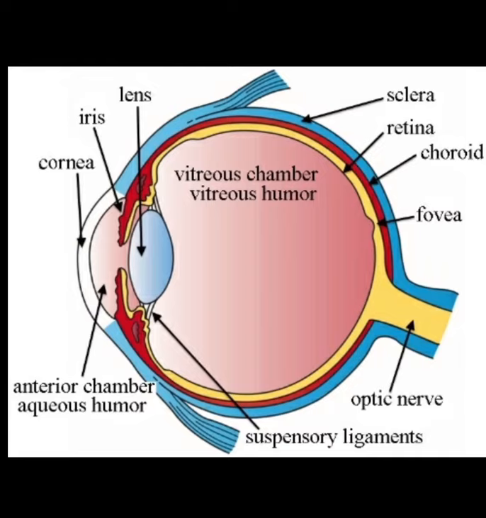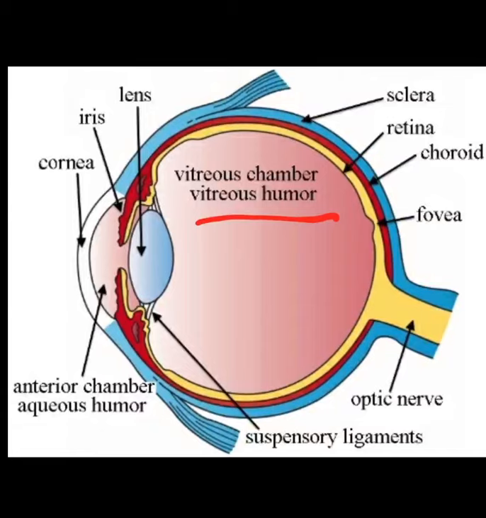The other large chamber which is present behind the lens, between the lens and the retina, is called the vitreous chamber. This vitreous chamber is also filled with a jelly-like fluid called vitreous humor. Again, this vitreous humor also serves two functions for our eye.